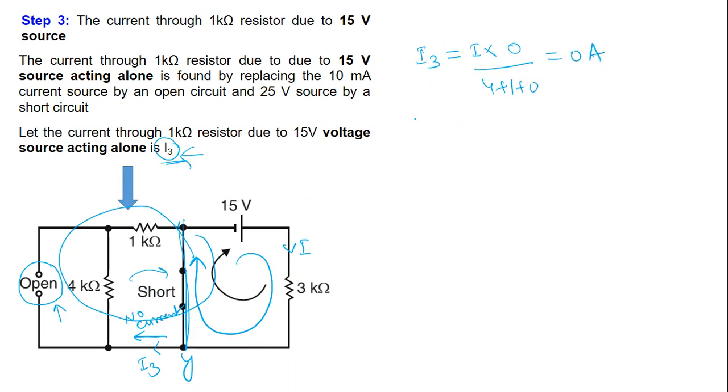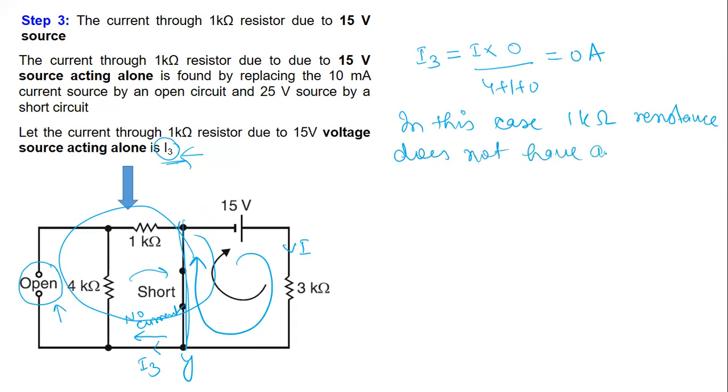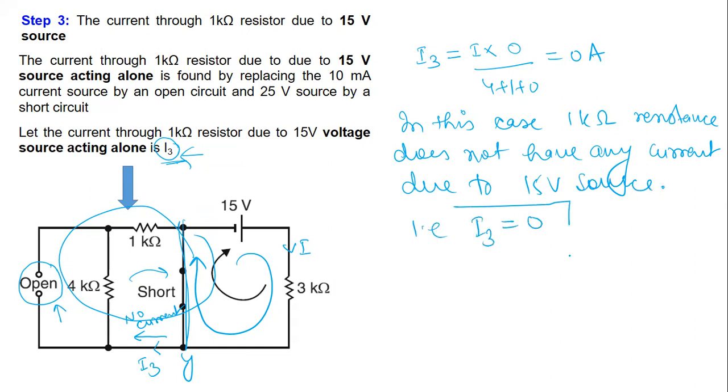That means the 1 kilo ohm resistance does not have any current due to the 15-volt source. That is, I3, which we assumed, is equal to 0 ampere. So this is equation number 3.